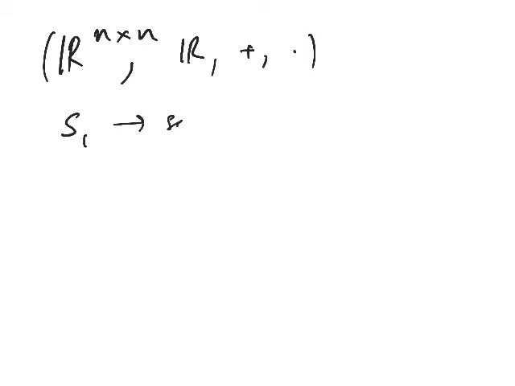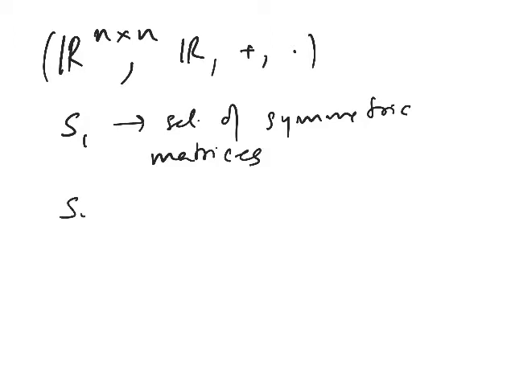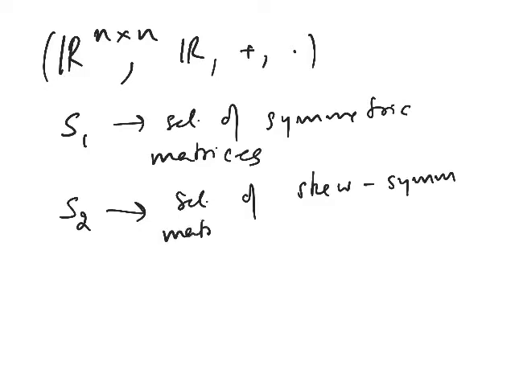S1 is the set of symmetric matrices. S2 is the set of skew symmetric matrices. And S3 is the set of circulant matrices.